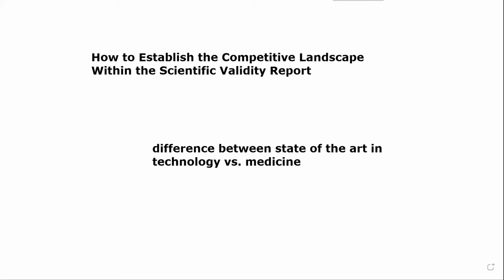So let's say, for instance, you're comparing COVID tests, and some COVID tests are ELISA based, and some are RT-PCR based. If you are doing an SVR for some ELISA reagent, you would have to describe that technology and then compare yourself to other ELISA-based testing modalities.